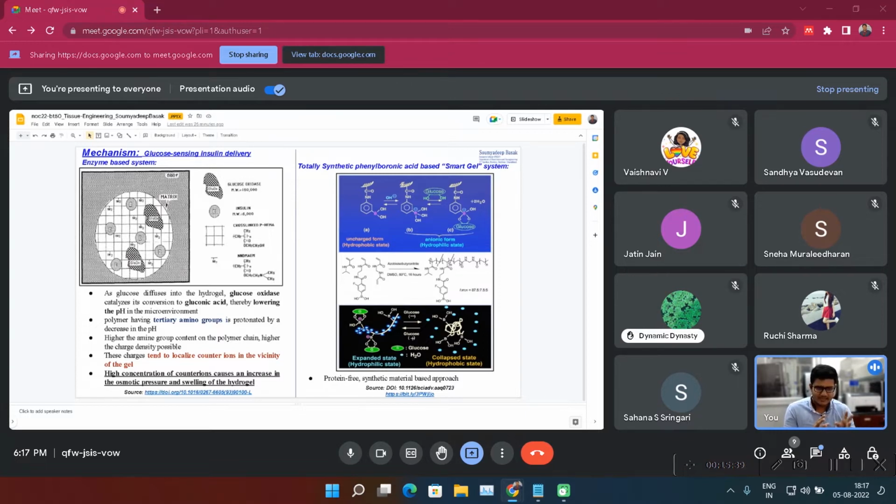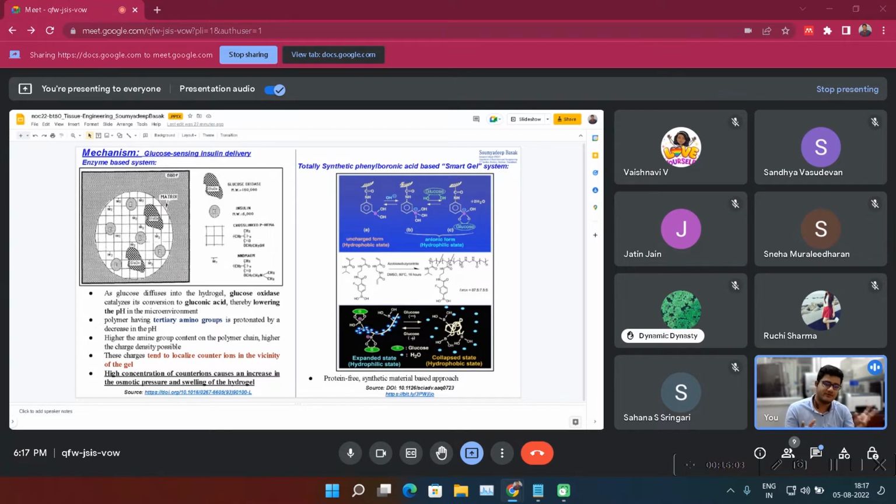Now, the polymers that are being used have tertiary amino groups. It's a tertiary amino group enriched polymer. Because of the pH decrease, the tertiary amino groups are getting charged. They become cationic. So the whole charge density of the hydrogel system increases as glucose is entering.